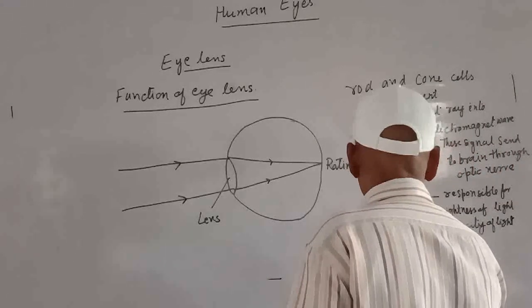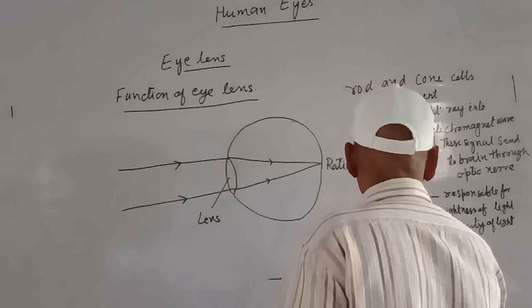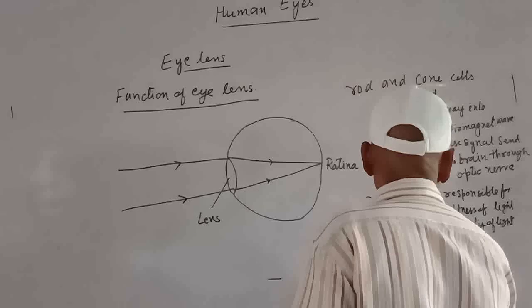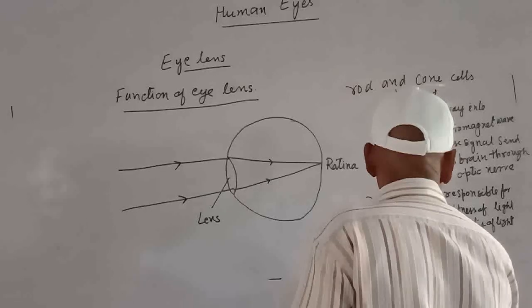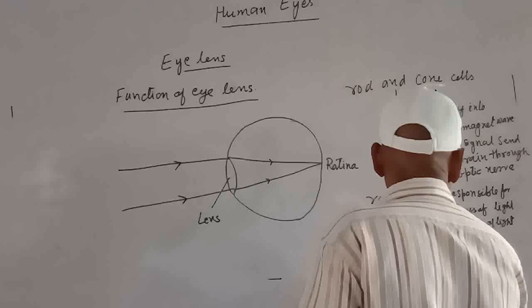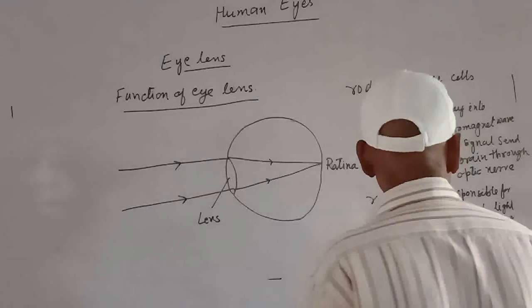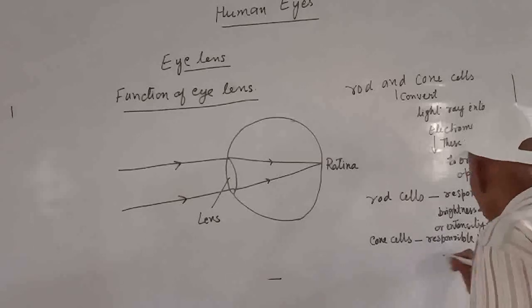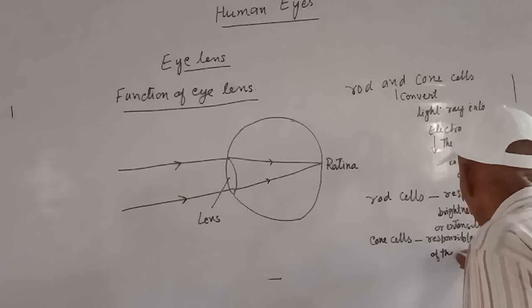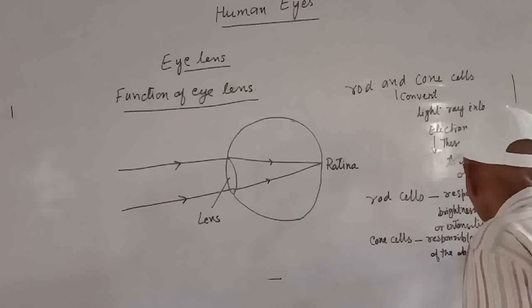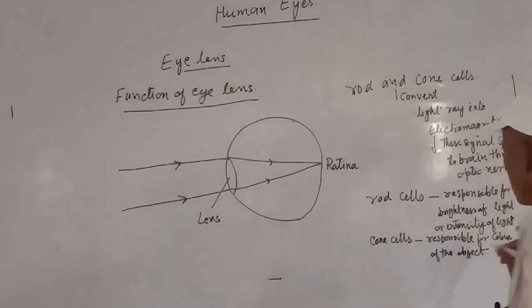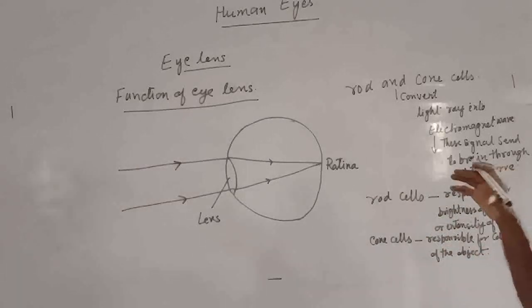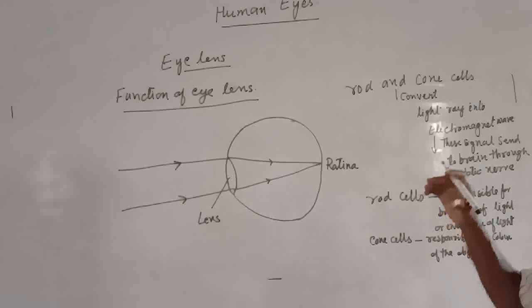Cone cells are responsible for color of the object, and due to this we can see whether the object is colored or not.